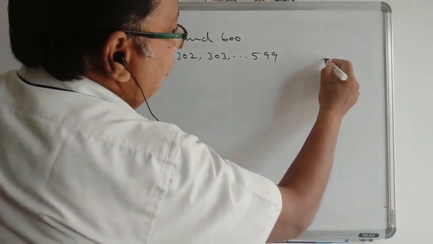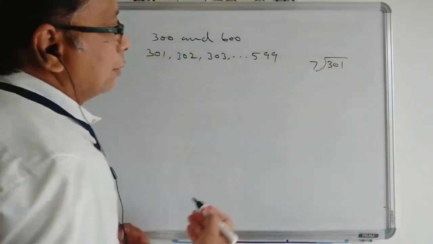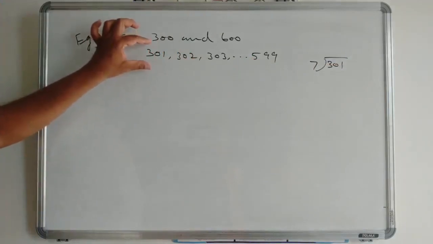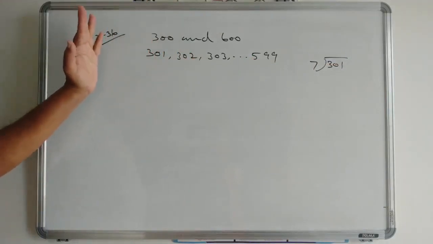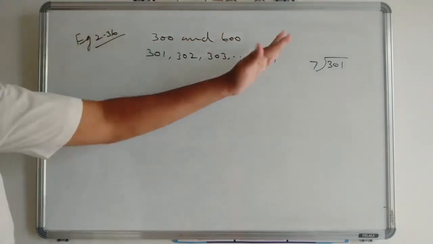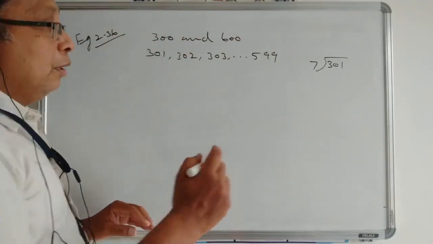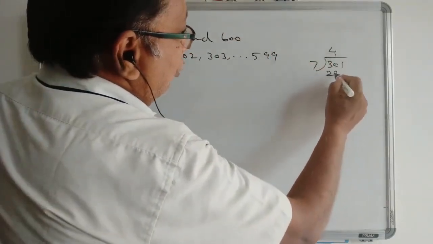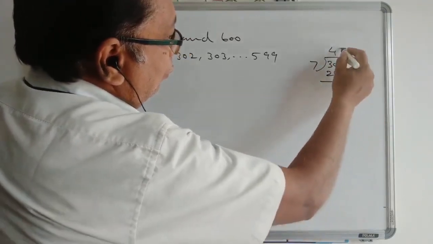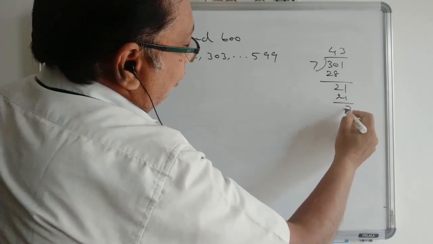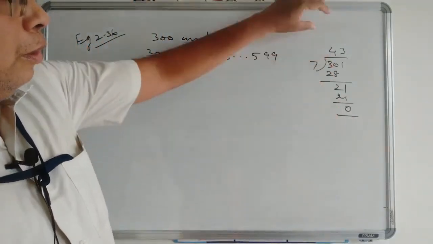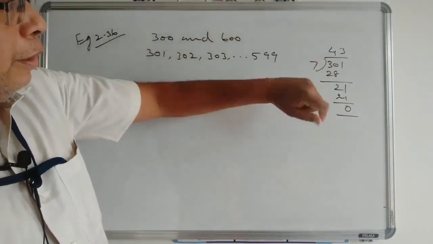Therefore, you take the first number 301 and divide it by 7. Now we check whether 7 divides 301. 4 7s are 28, remainder 2, then 21, 3 7s are 21, remainder 0. So 7 divides 301 exactly.